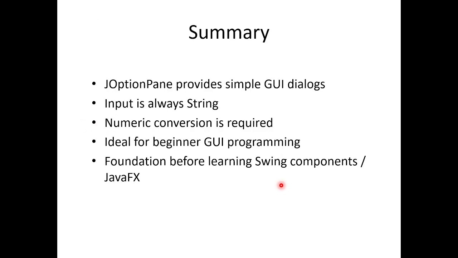For a summary of JOptionPane, you only work with this one type. There are other parts under Swing in Java. This is one command that you need to know, and please try with simple GUI dialogs. Take note that input is always a string, so you need to convert it to numbers when computation is required.